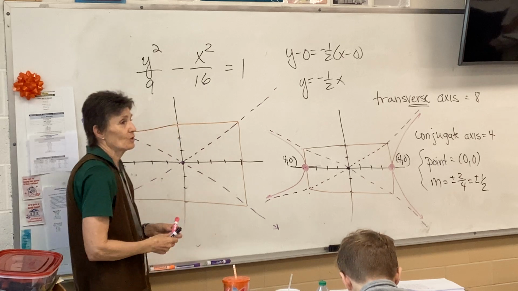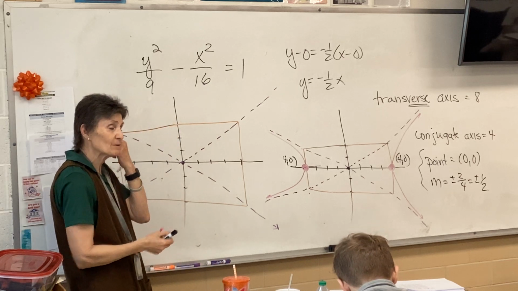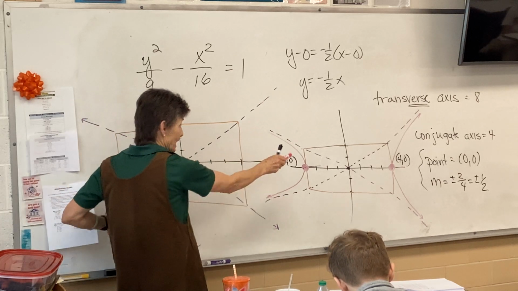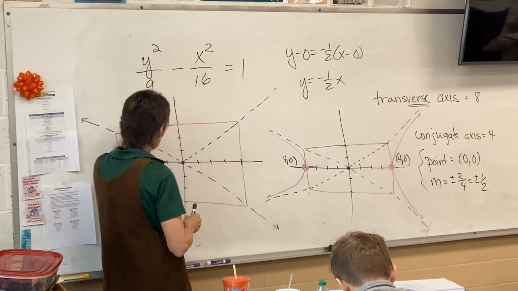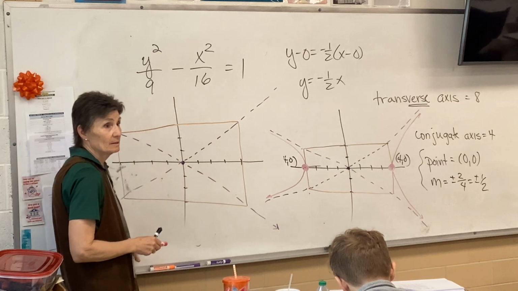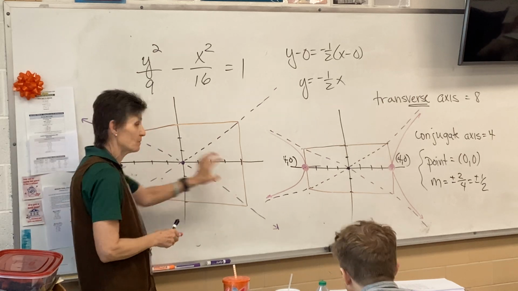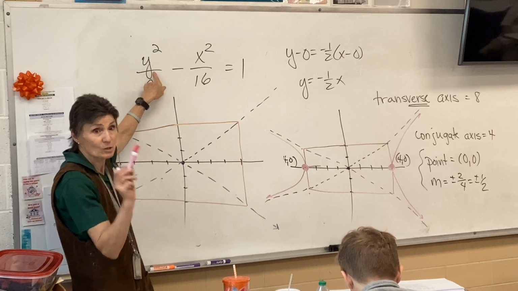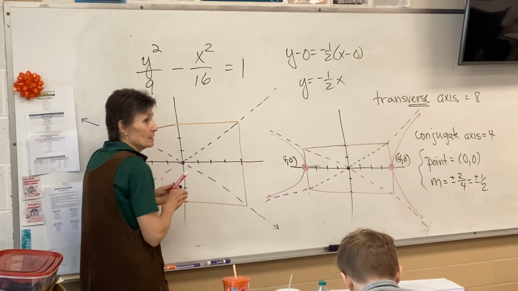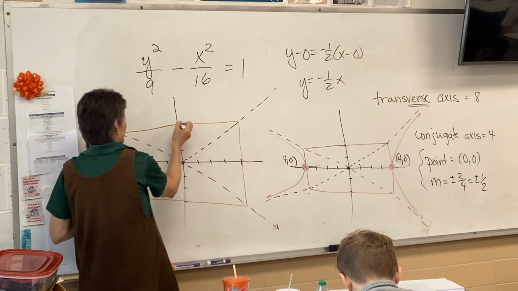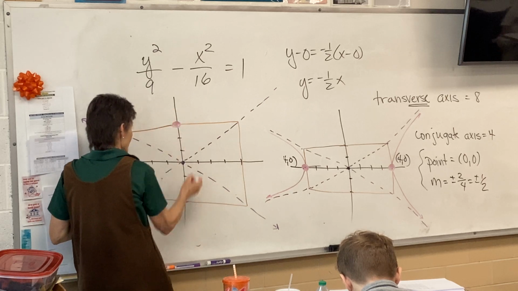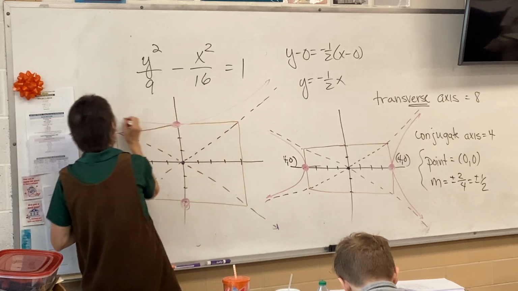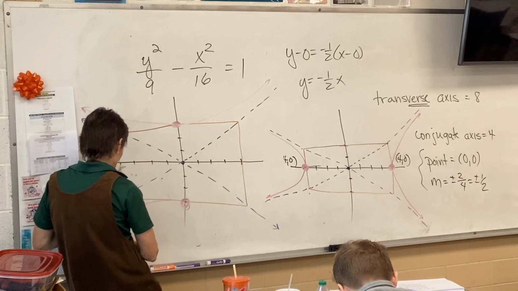Every time you get to this point, you have 2 choices. Your hyperbola is either gonna go like this, like that one did, or it could go like this. It could be an up and down, or it could be a left and right. What do you think this one is? Up and down, because y comes first. And in a hyperbola, that's how you know. So I'm gonna put a dot right here and a dot right here, and I'm gonna draw in my hyperbola.